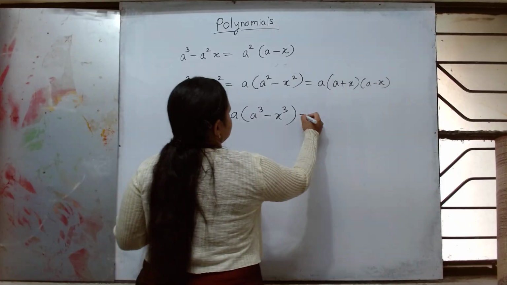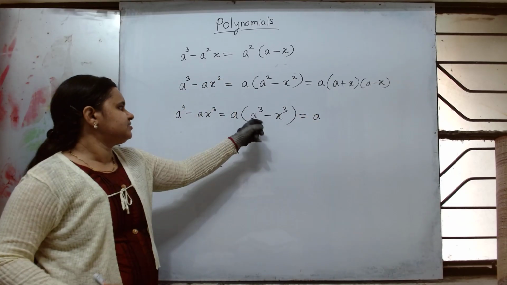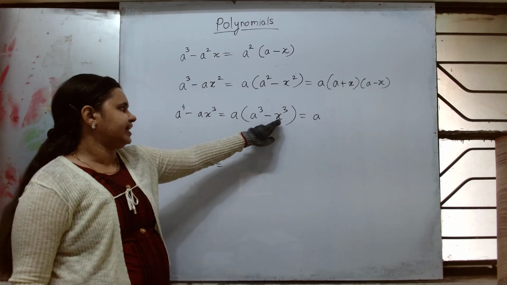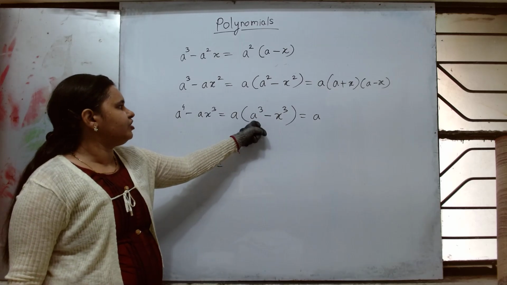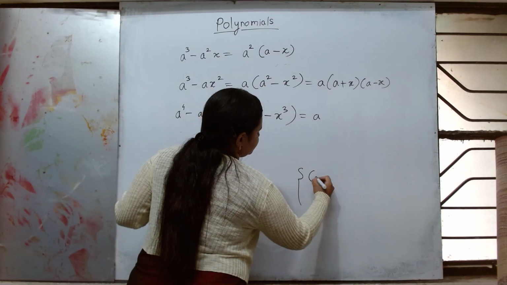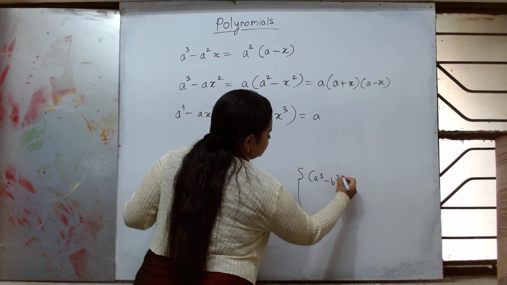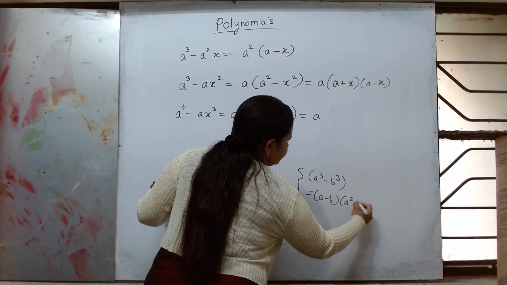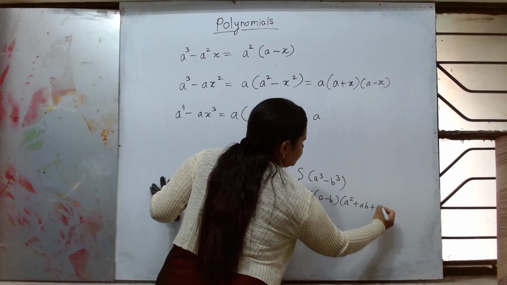Now a I have written as it is. Now it is again the formula of a cube minus b cube. If we take x as b, the formula for a cube minus b cube was a minus b, a square plus ab plus b square.